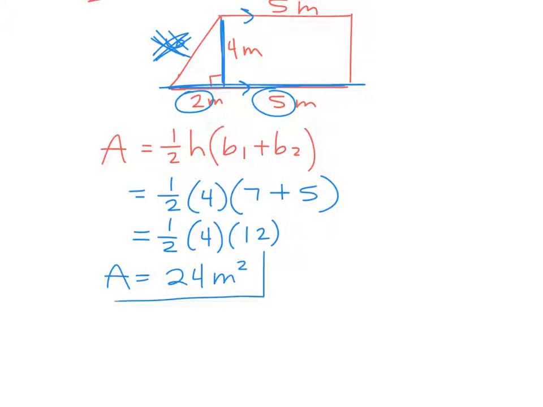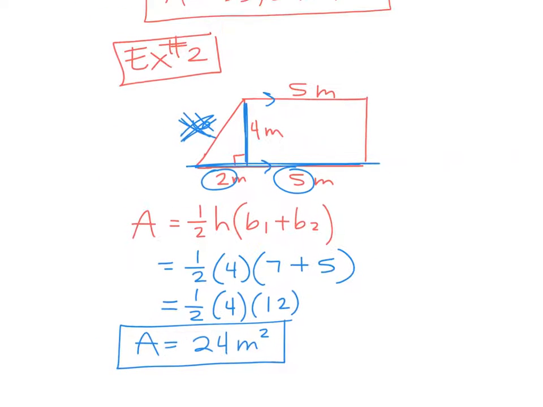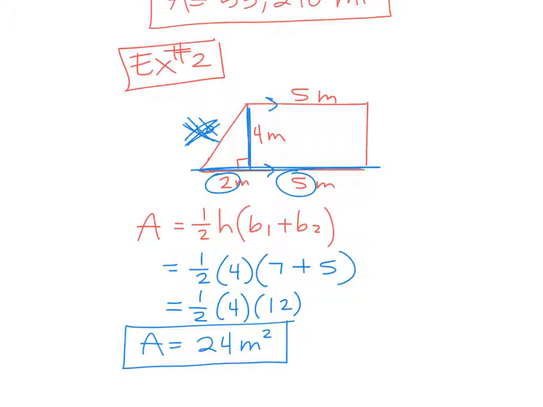And then it's an area, so make sure you label it square meters. And that would be your answer. So you're just taking the two bases, adding them together, and then multiplying by the height by 1/2. Questions on that?